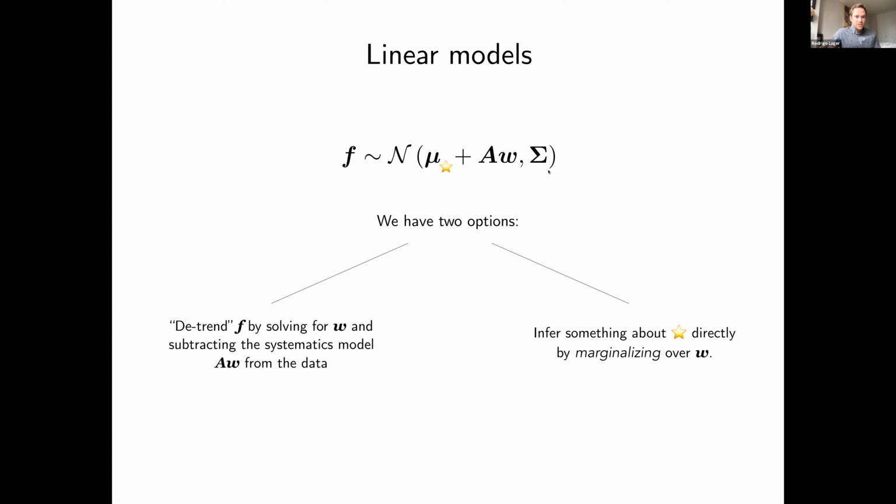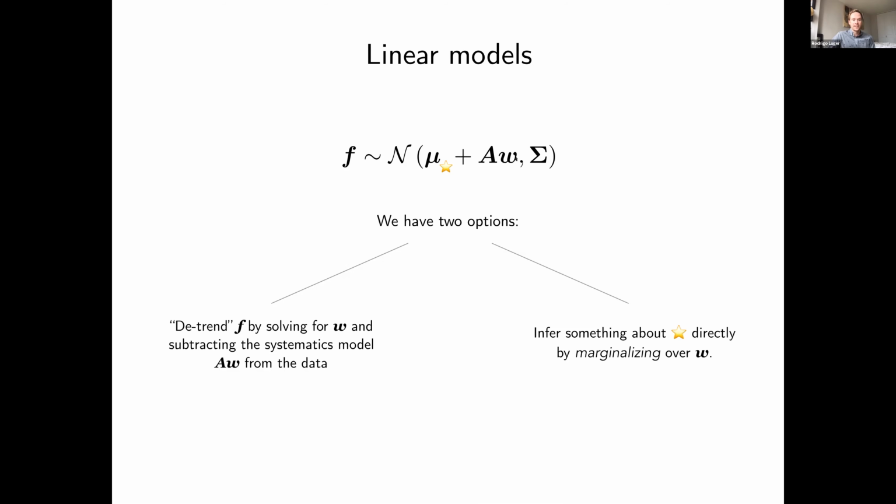So given this assumption that your distribution is Gaussian and that your noise model is linear, you typically have two options. The first one is to detrend, which is what people are most used to. And that entails finding the best fitting value of these w coefficients. By the way, this is just a matrix equation. A is some matrix that characterizes the detector, and w is the coefficients that characterize that particular detector, that particular observation.